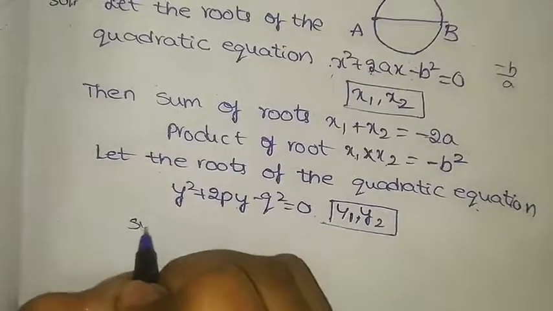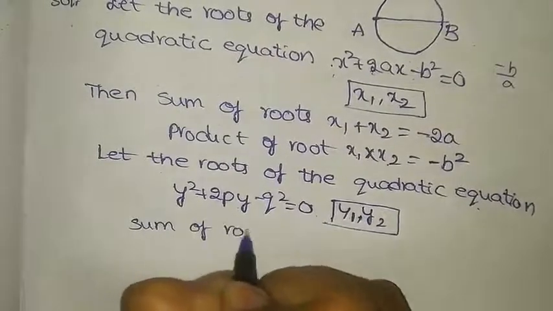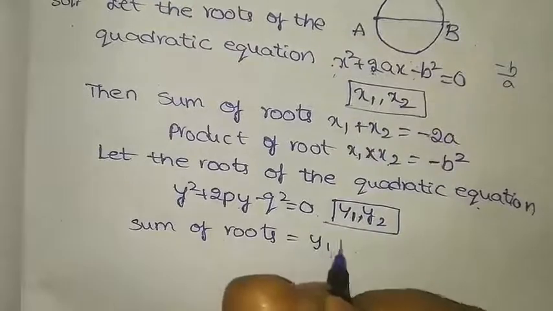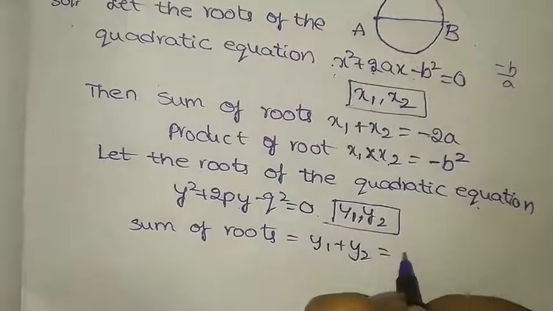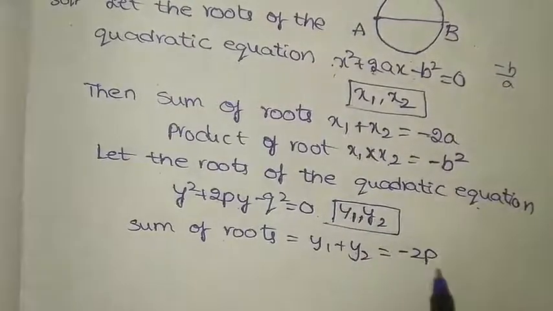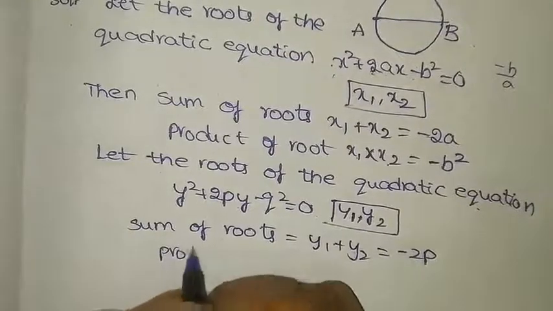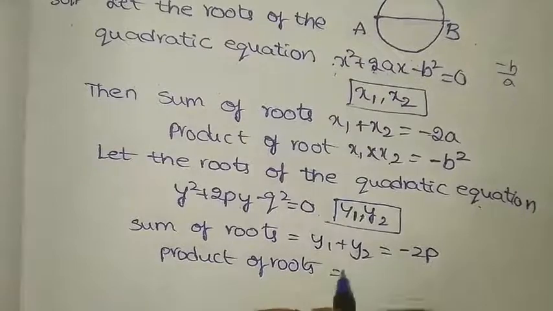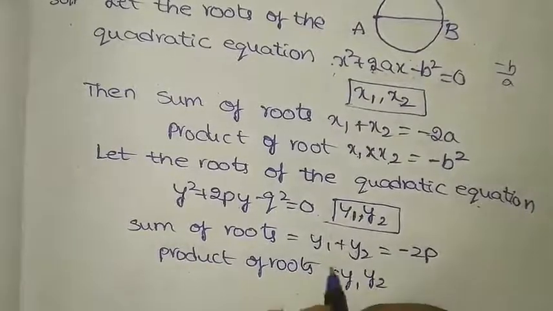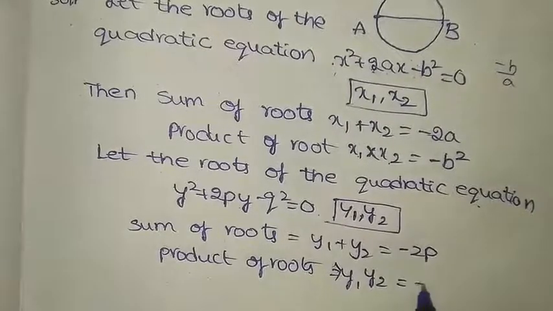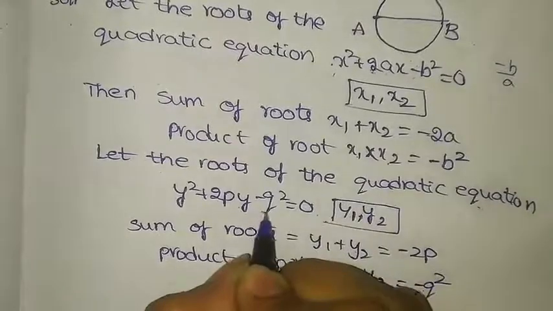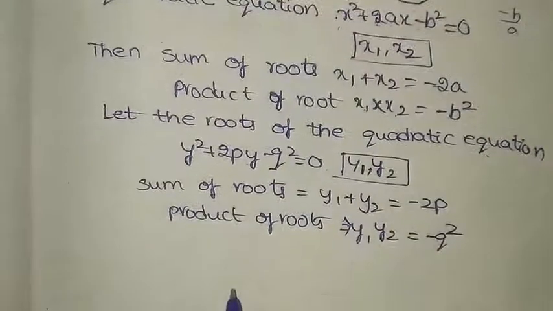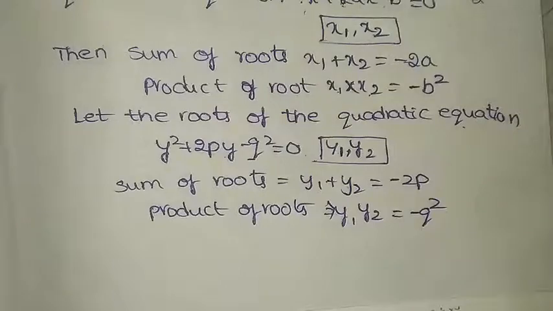Now here also we do the sum of roots: y1 plus y2 is equal to minus 2p. And the product of roots, y1 into y2, is equal to minus q square. Here c is minus q square. So y1 into y2 is minus q square.